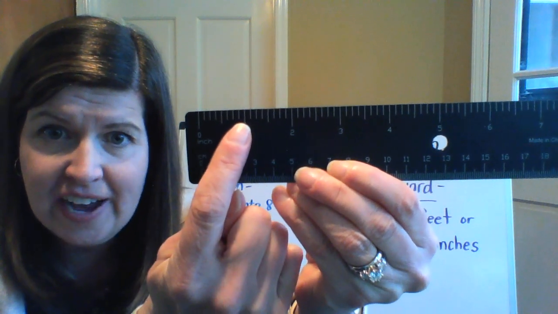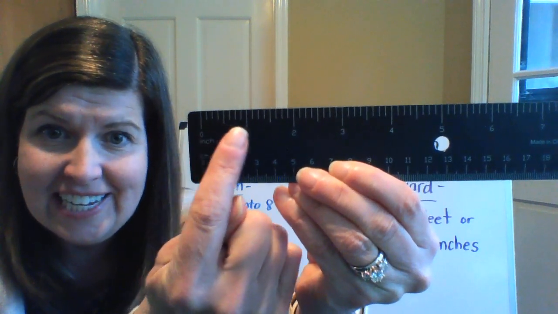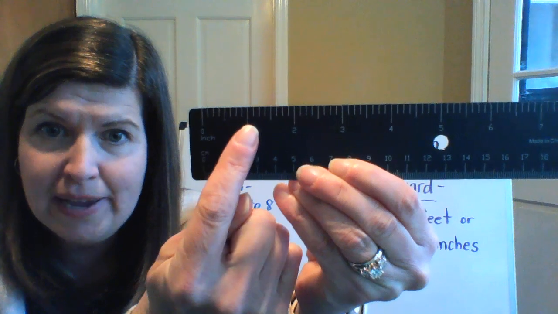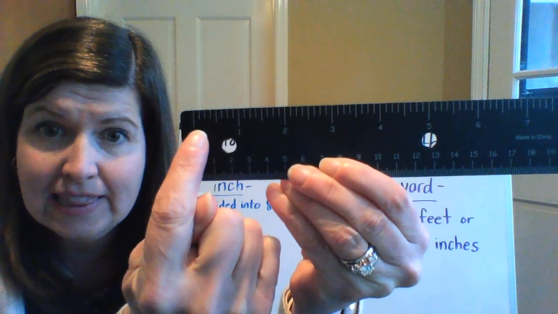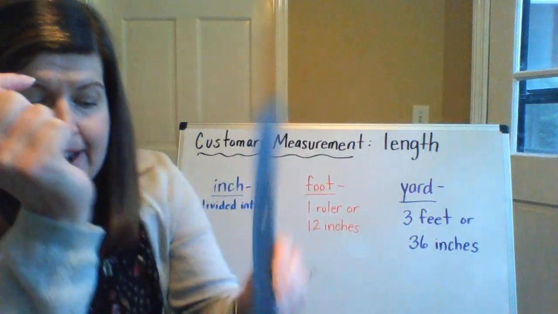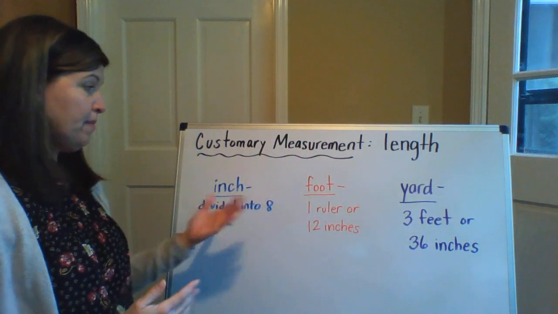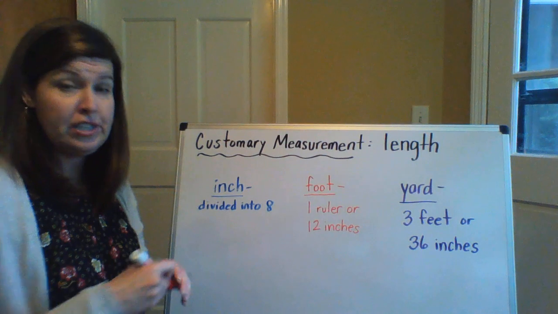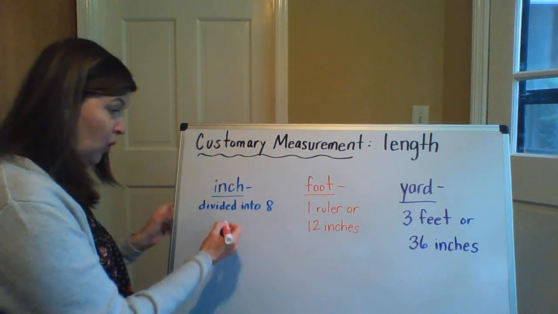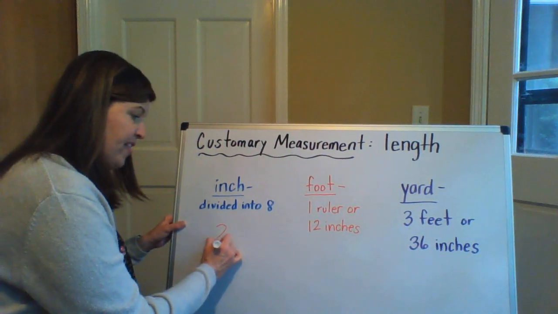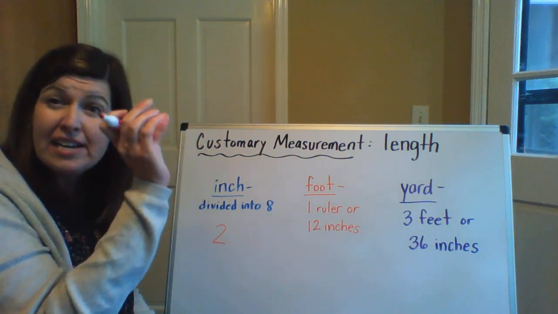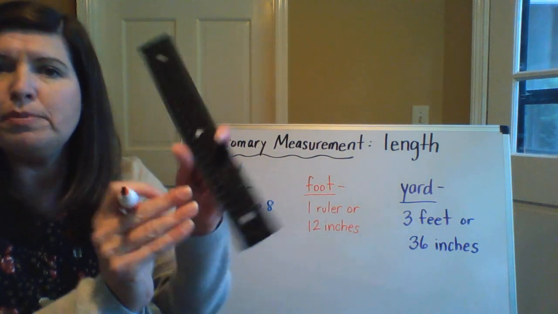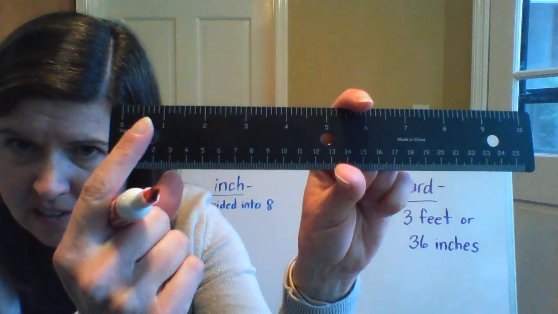So an inch is divided into 8 equal spaces between each inch. So there's 8 lines. Now, how does that look? When people measure with inches, they're going to usually give you a whole number, so the number of whole inches, and then the part or the number of those spaces between the inch.